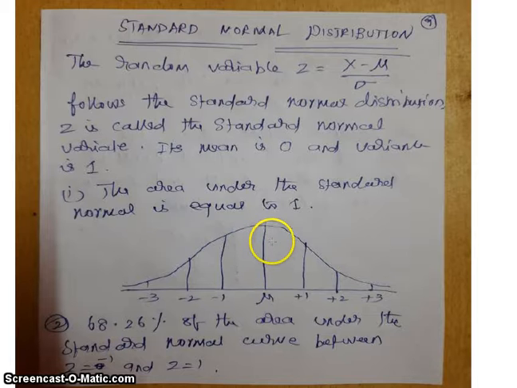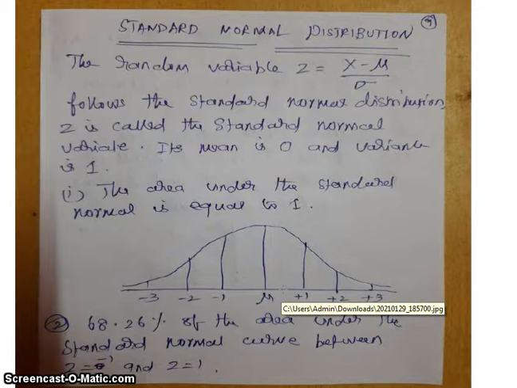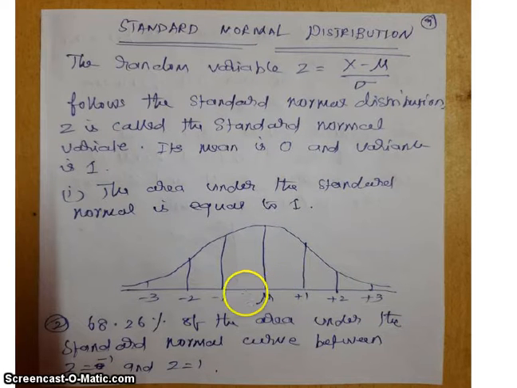To calculate the area under the normal curve for 1, 2, 3, 4, or even for 0.5, you can use the normal value table. But the table gives values only for positive z, not for negative values.